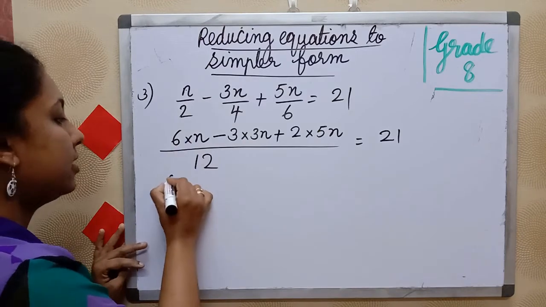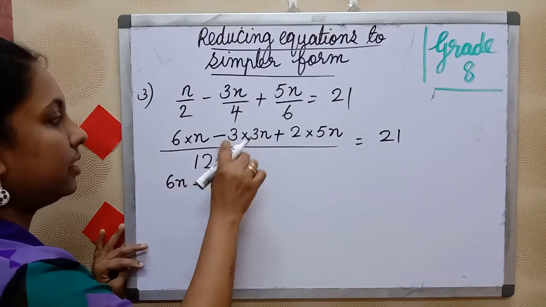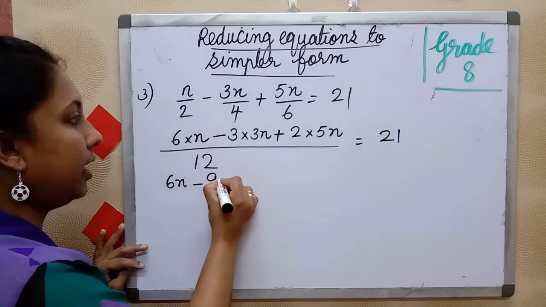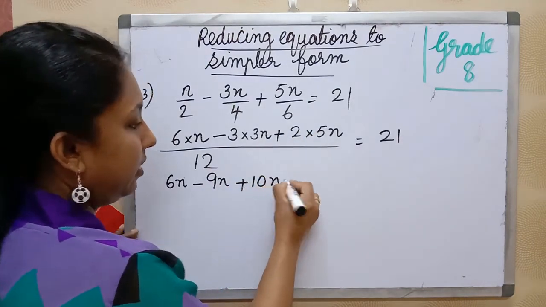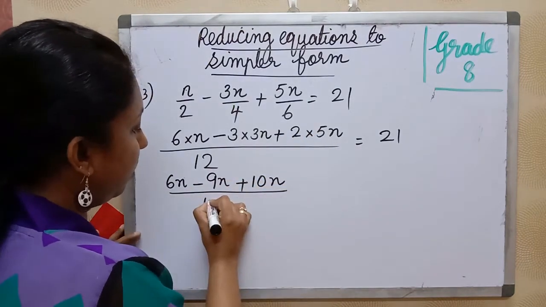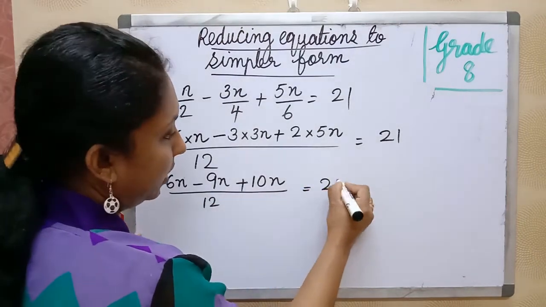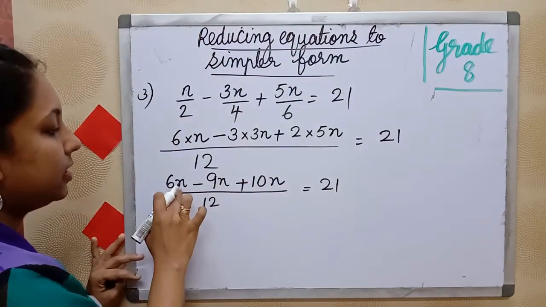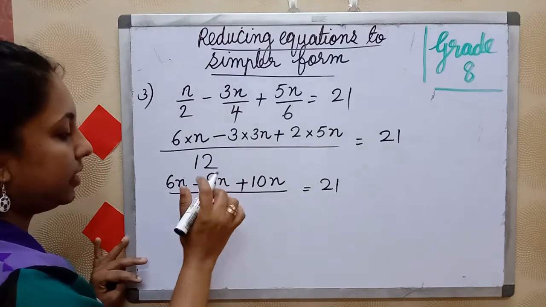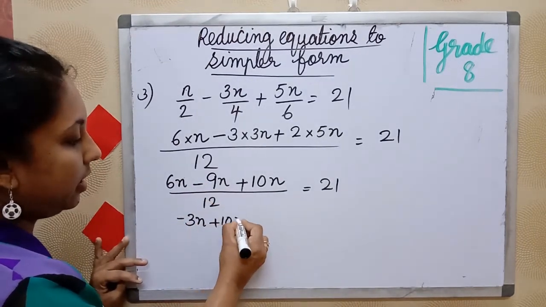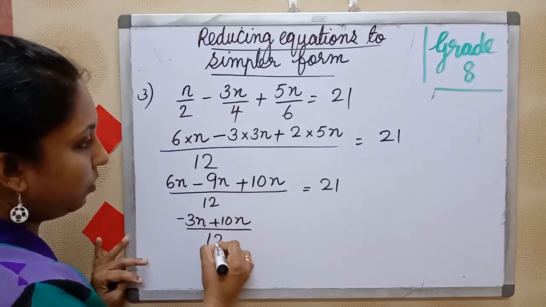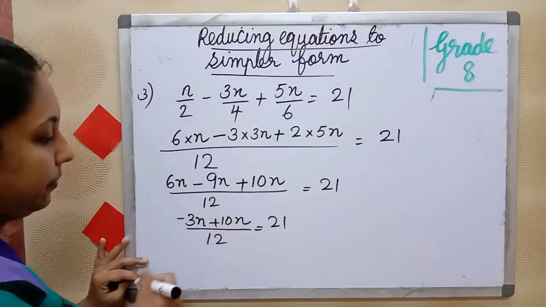Again, that is 6n minus 3 into 3, 9n plus 2 into 5, 10n, divided by 12 is equal to 21. Then 6n minus 9n is minus 3n plus 10n divided by 12 is equal to 21.